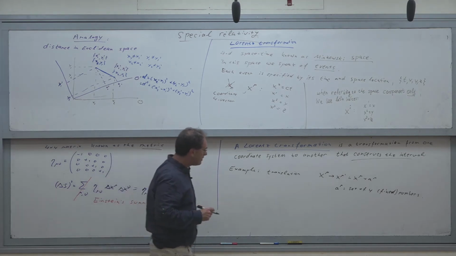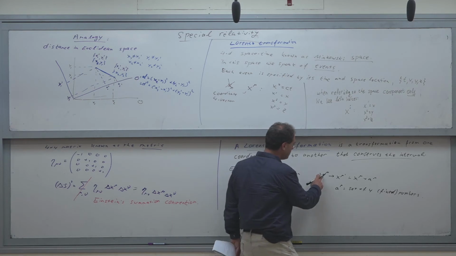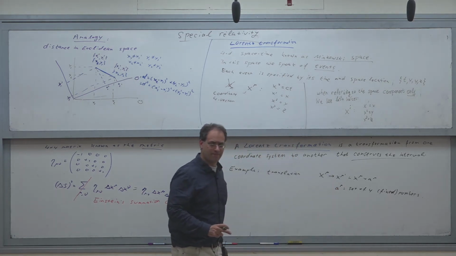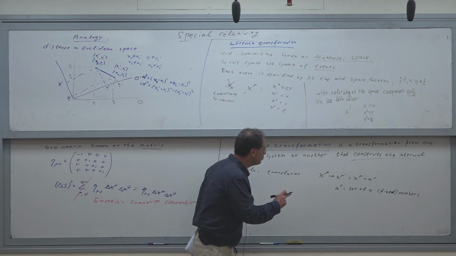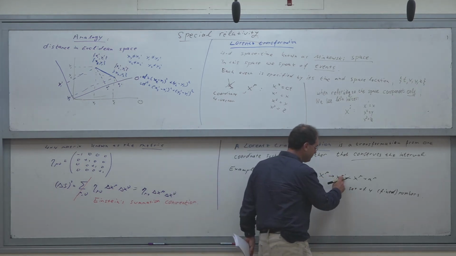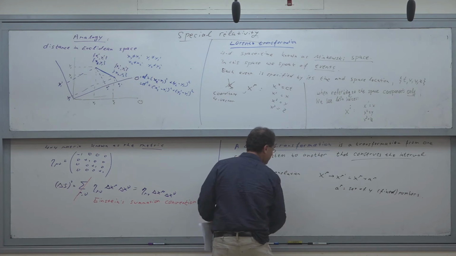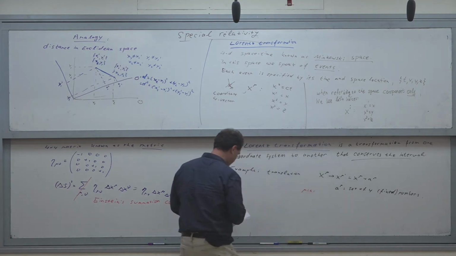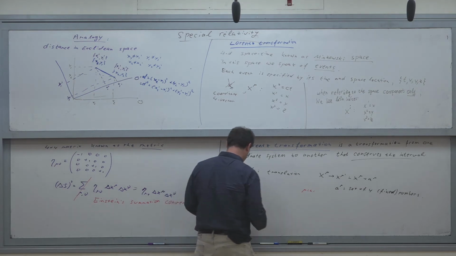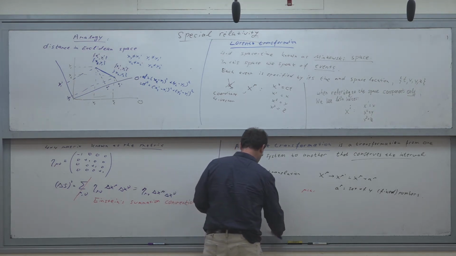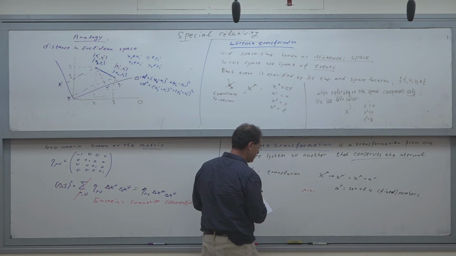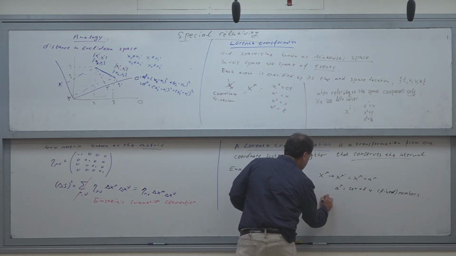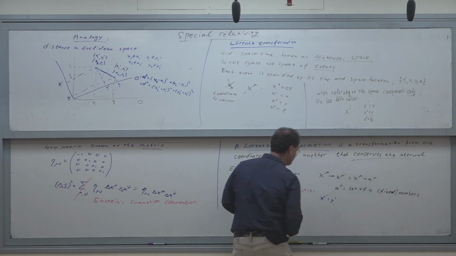Now note there is a subtlety of notation here. I didn't say x prime mu, I said x mu prime. Because if mu is equal to 2, this is x2, and x2 prime is just y prime.